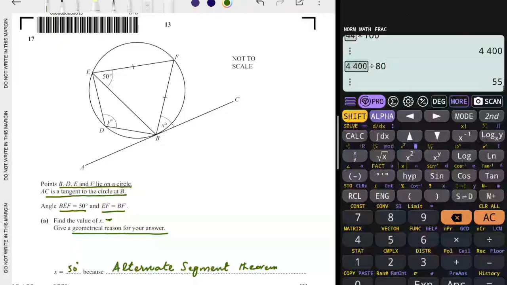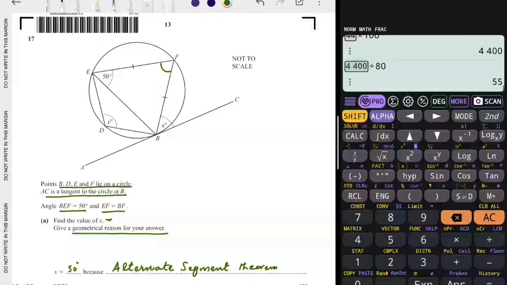So this angle is equal to this angle. Now we have to find out angle y. For that purpose we need to find out this angle.